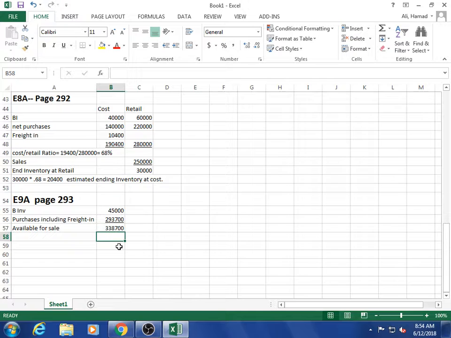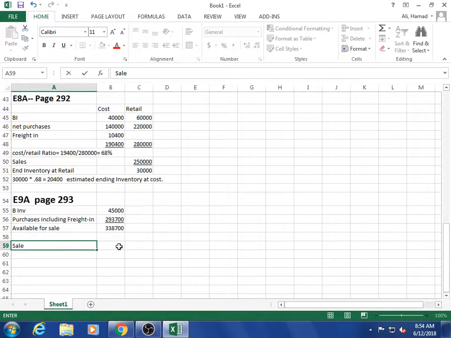So sales minus gross profit equals cost of goods sold.